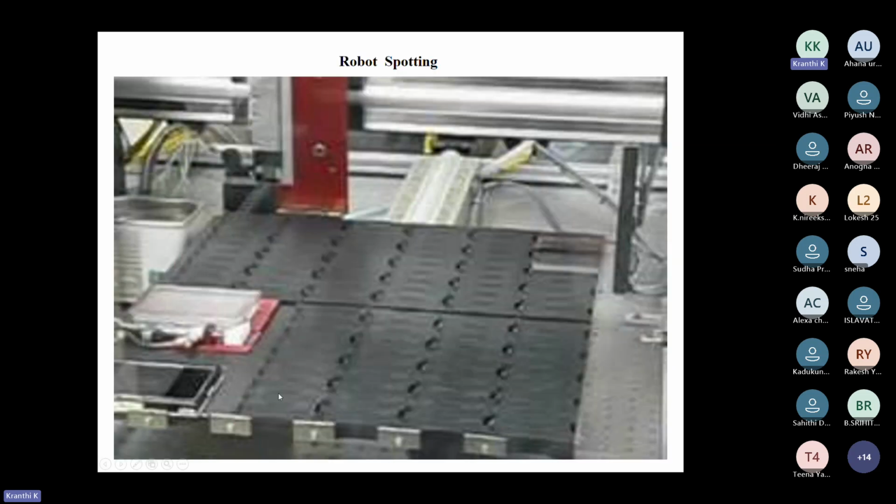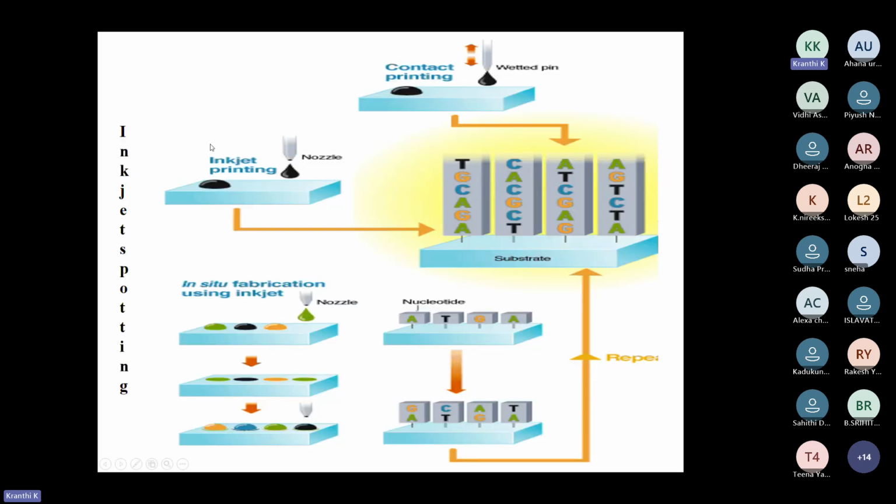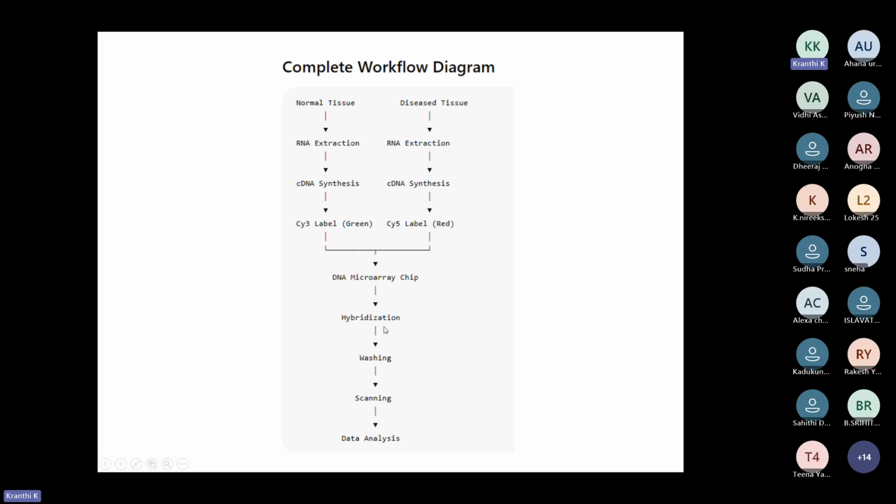There is robot spotting also. Using robot spotting, it will place the DNA in that particular microarray. There is also an inkjet spotting technique. It will keep the nucleotide sequences like this. Clear? Now, how to use this one?